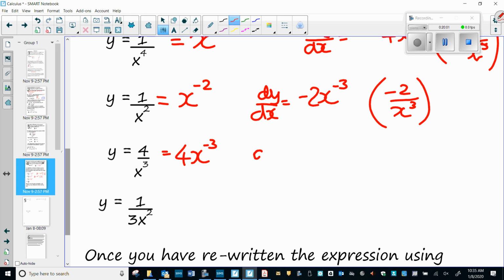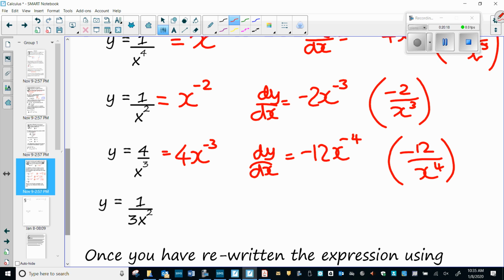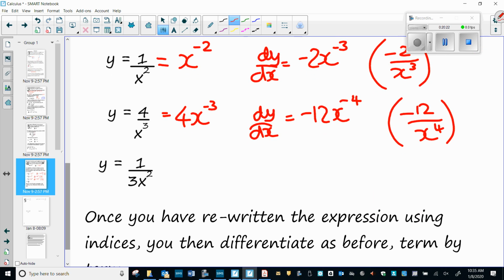So dy dx is equal to... One over 3x squared.